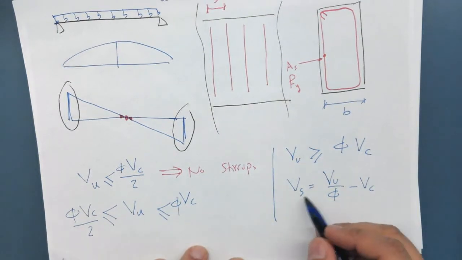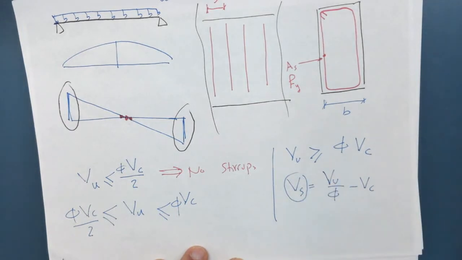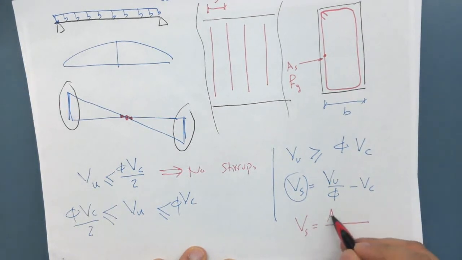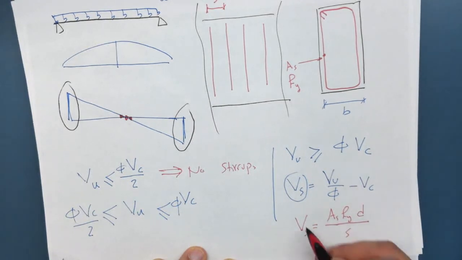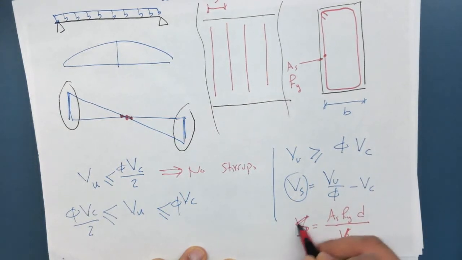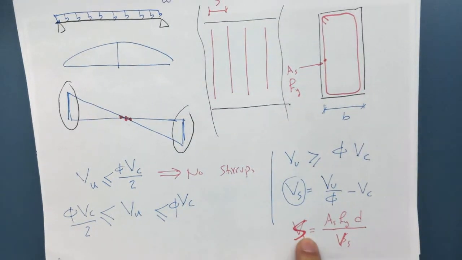So if you know this Vs, based on the V ultimate and VC, you can go and substitute in this equation over here, which is AS F yield d over S. And this is going to give you the spacing that you need. So you're designing for the spacing.